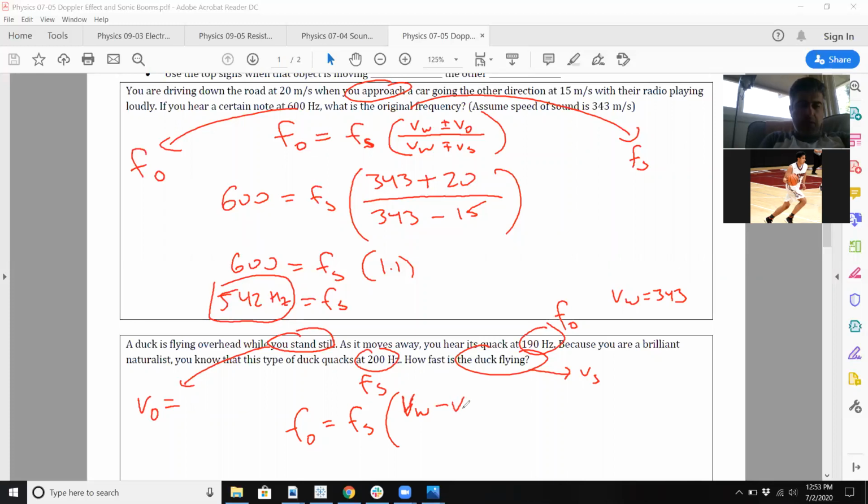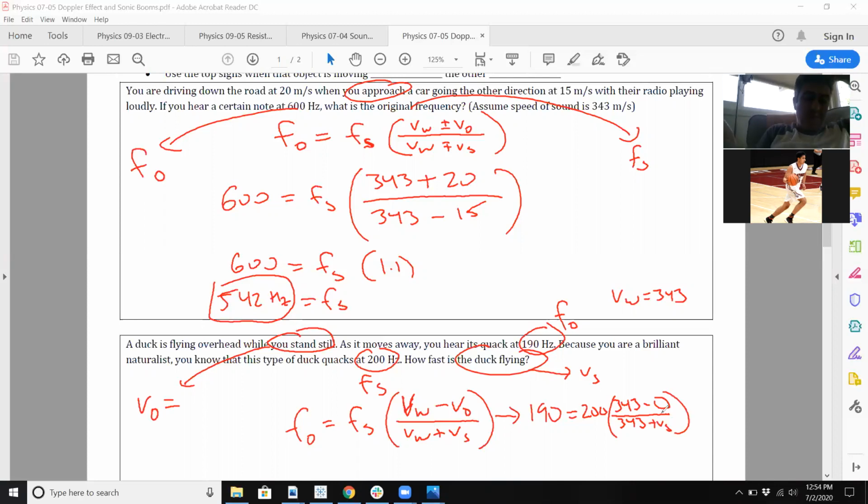So minus VO and then VW plus VS. Frequency of observer, of course, is 190, the frequency that you hear. And the frequency of the source is 200. 343 minus 0, of course, doesn't change anything. 343 plus VS. And at this point, it just becomes algebra. You really just have to go about the algebra correctly here.